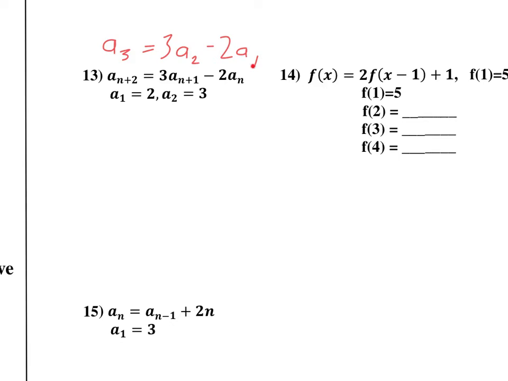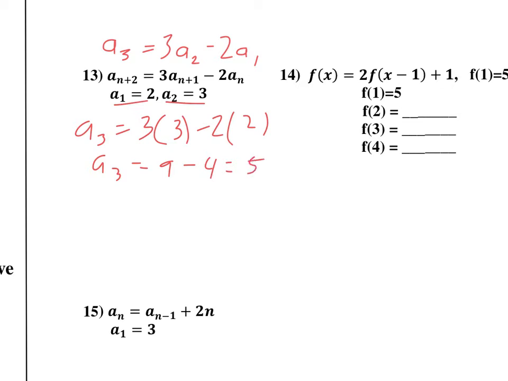So you can see in this case n is 1, and so that's a known value right there, and so n plus 1 would be 2, and n plus 2 would give me the 3. So if I want to find a sub 3 here, it's going to be 3 times a sub 2, which I know is 3 based on the given, minus 2 times a sub 1, which is 2 based on the given. So I get 9 minus 4, and that's going to be 5.